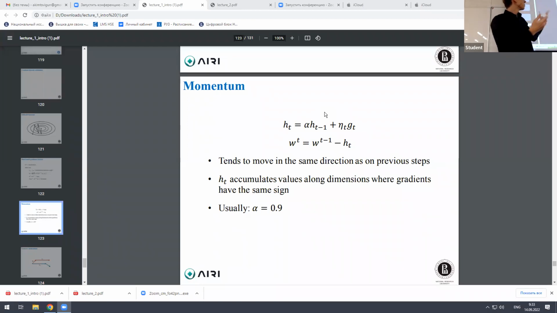Thanks to this accumulation part, we can stay on this trajectory and converge much more quickly. Here you can find some classic values for the hyperparameters. Usually alpha is set to 0.9, so that we have a high influence of the previous gradients.